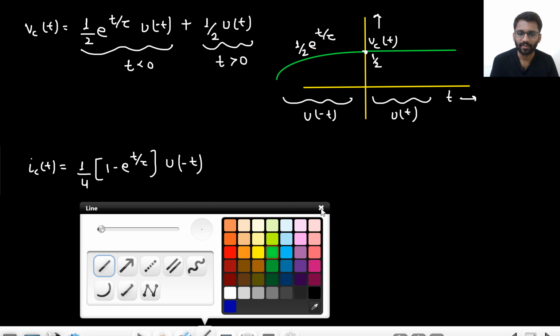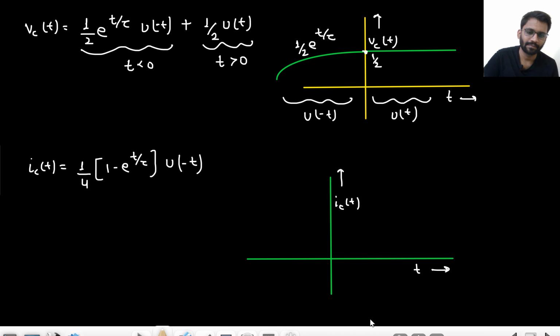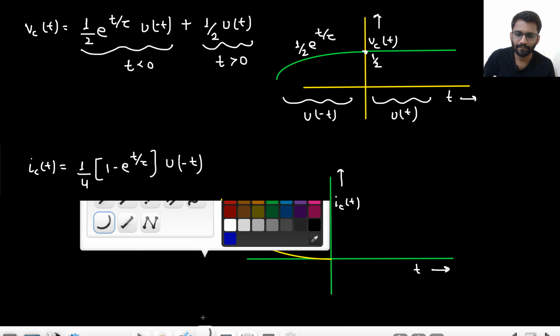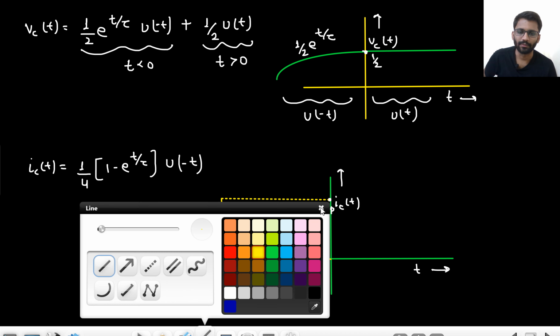So basically what is happening, it starts from 1 by 4 ampere and then goes down to 0 and remains at 0 only.